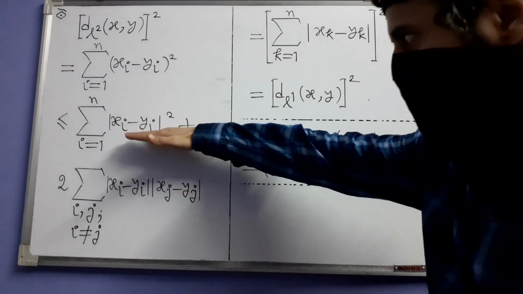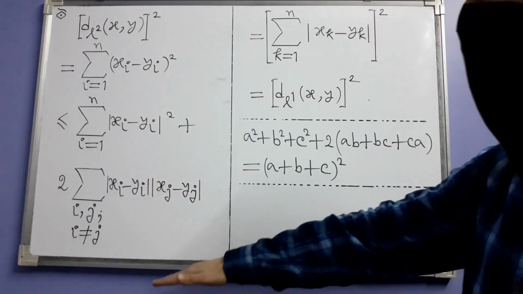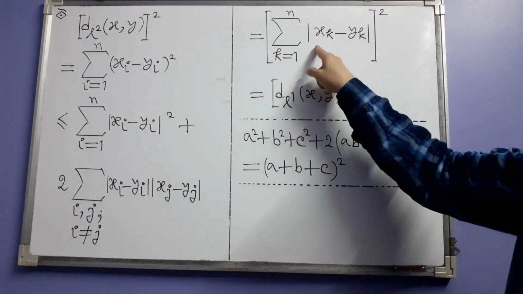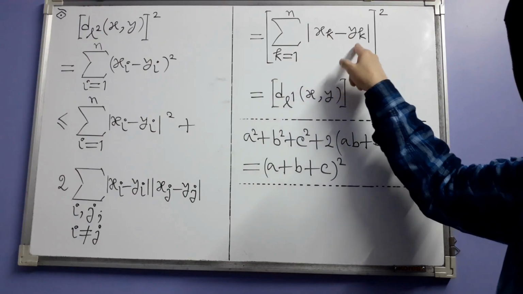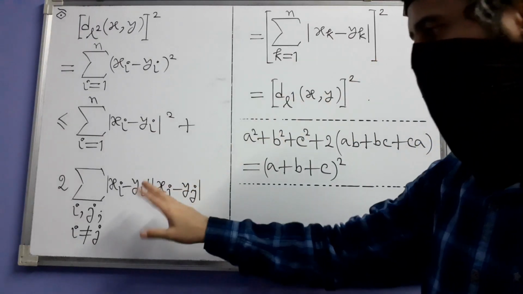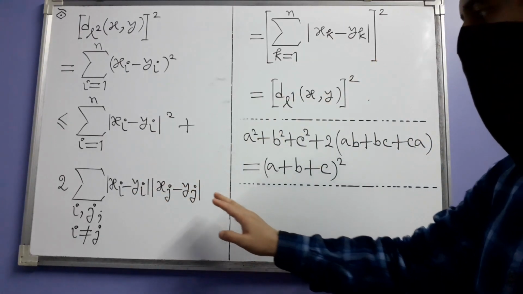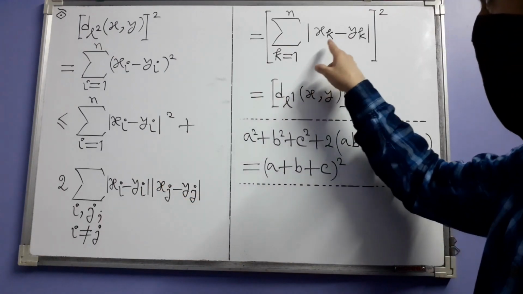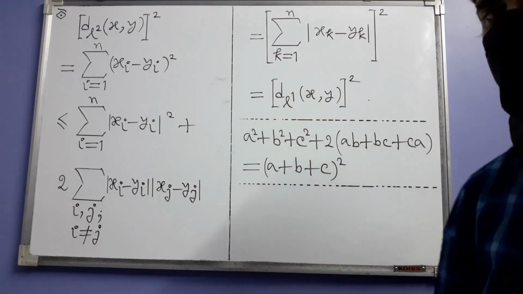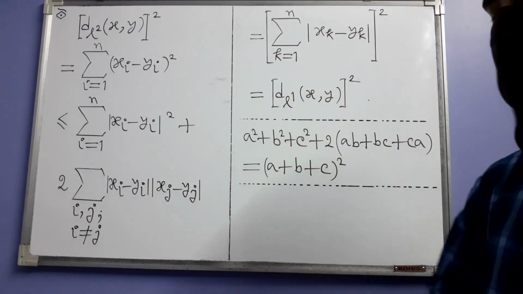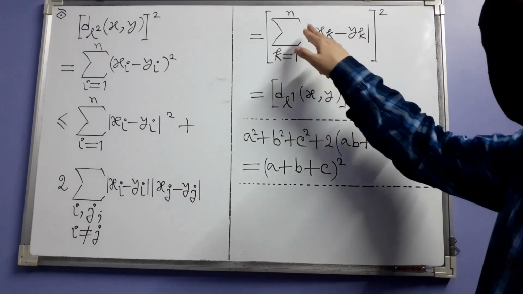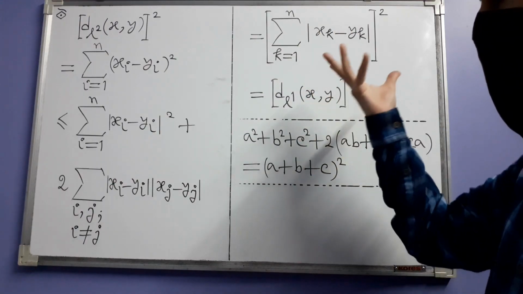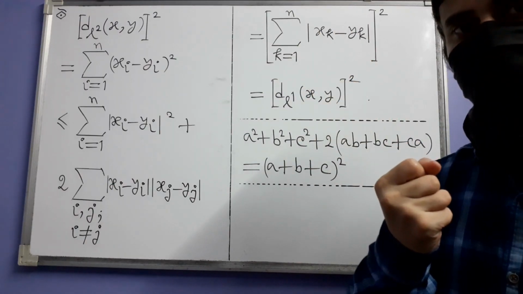Now, in place of this entire thing, we write the summation of mod xk minus yk, because i and j are involved here. So without giving preference to any one of them, I am just using another name for the index now, as k varies from 1 to n, but it's squared.